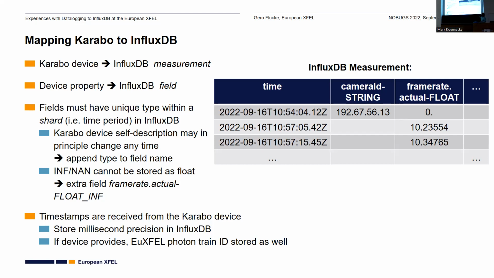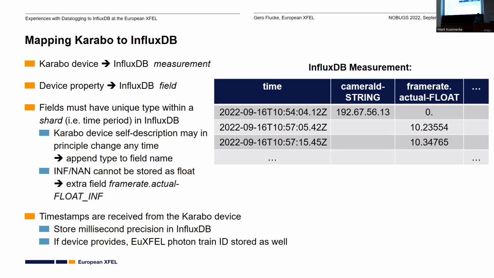Here's a sketch of this, with time, of course, not in this ISO format, but just a number. Then you have different fields that this device might have. The fields can update together with the same timestamp, or you update just this one, and then there's no data in the others.